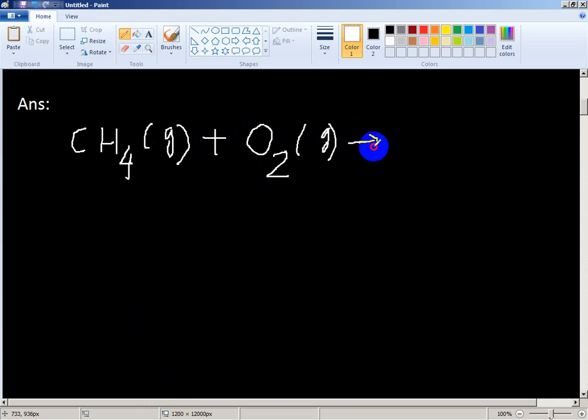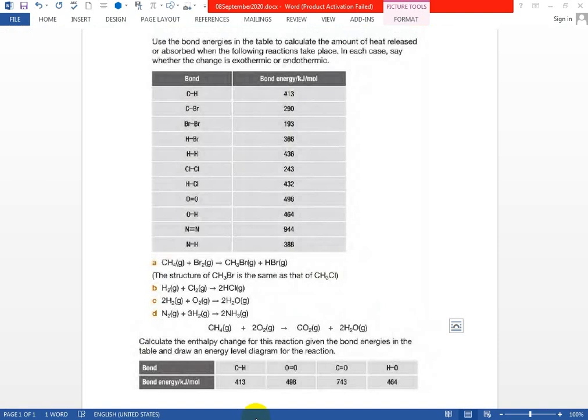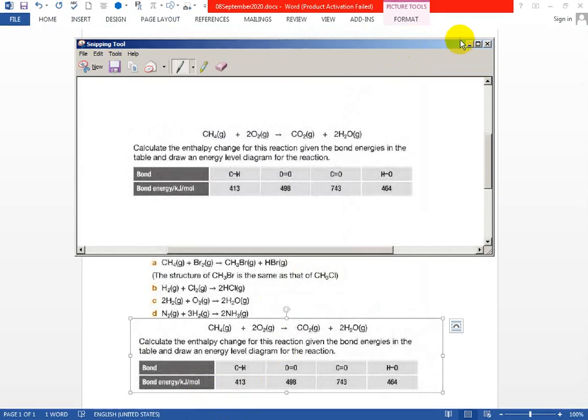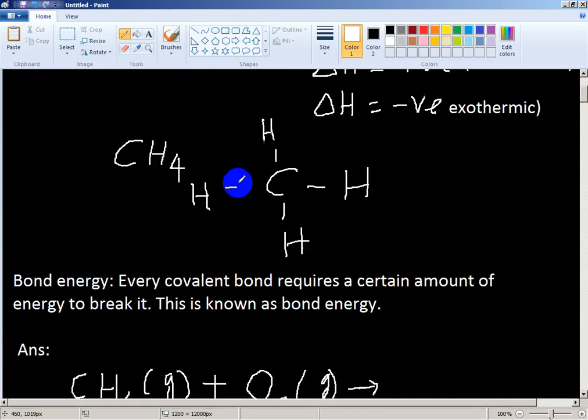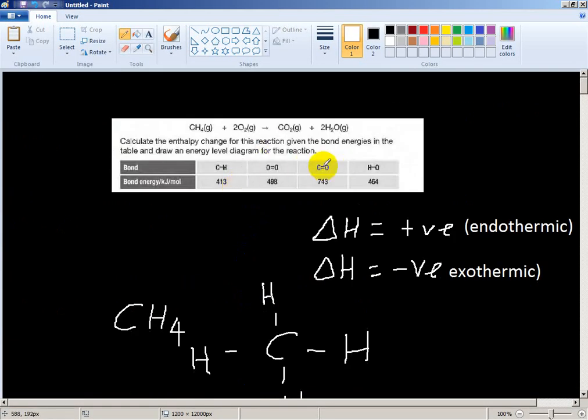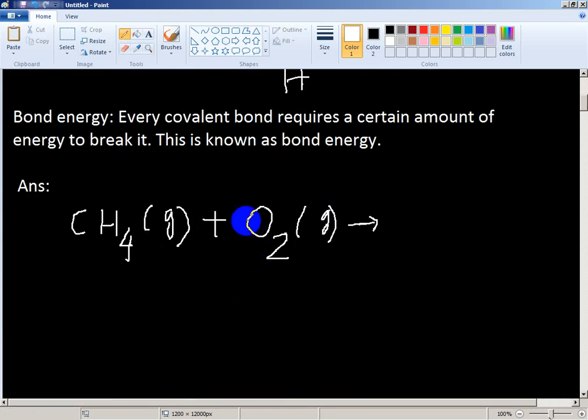From how much, how many moles of oxygen? Oxygen is 2 moles, carbon dioxide 1 mole, and 2 moles of oxygen.